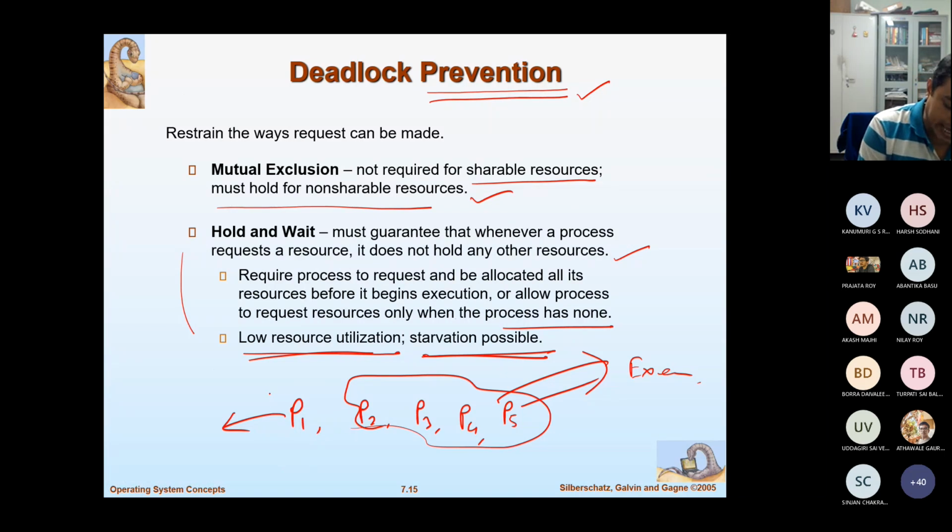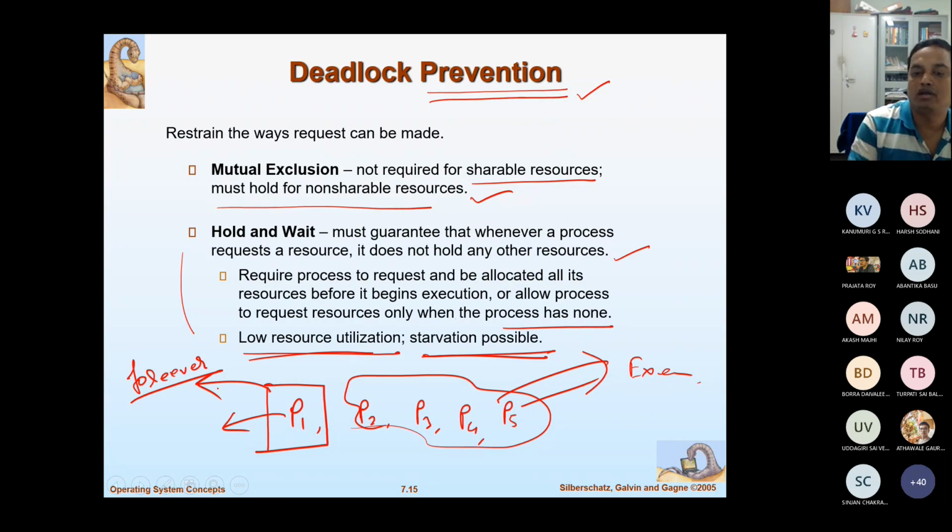So the execution of P1 is delayed forever. Forever means it doesn't know after what time it will get the chance to be executed. So this is called starvation.